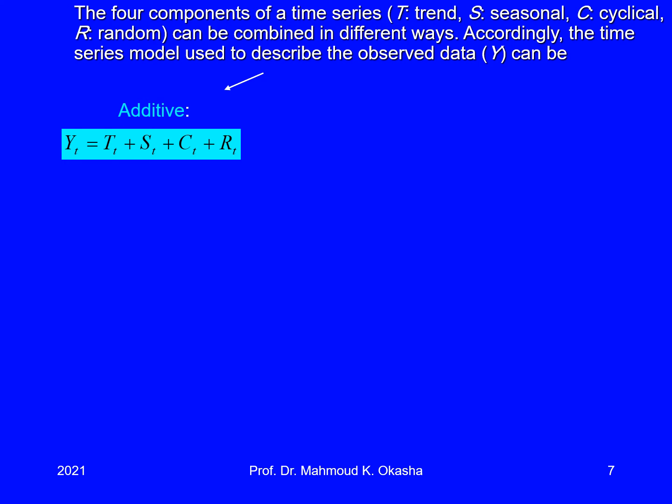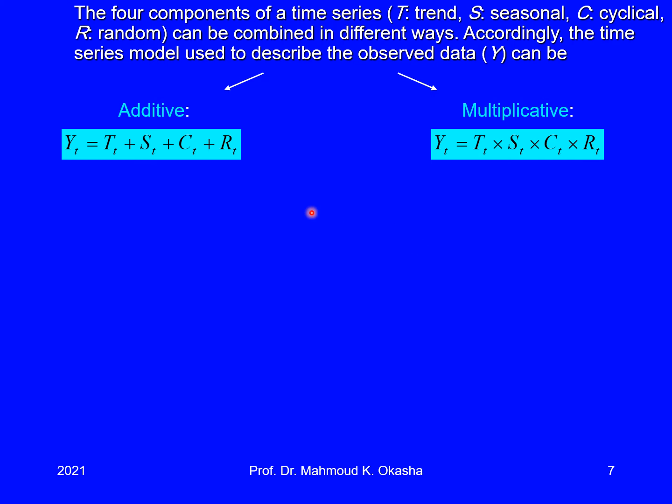There are two models. The first model we call the additive model. In this model we assume that the time series is composed of the addition of the four components. So the four components, or whatever, can be three or two, are added to each other to make the time series itself.